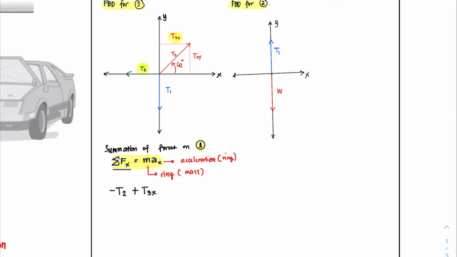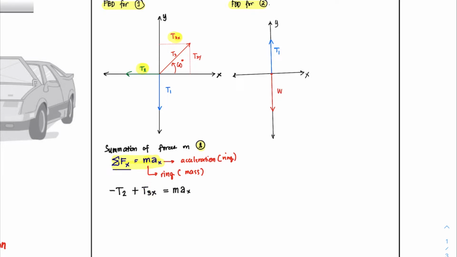What are the other forces that can be found on the x-axis? So clearly, those are the only two forces that are found on your x-axis. So you equate it with m a_x. All right. So take note that this T3x has components, if you remember, right?